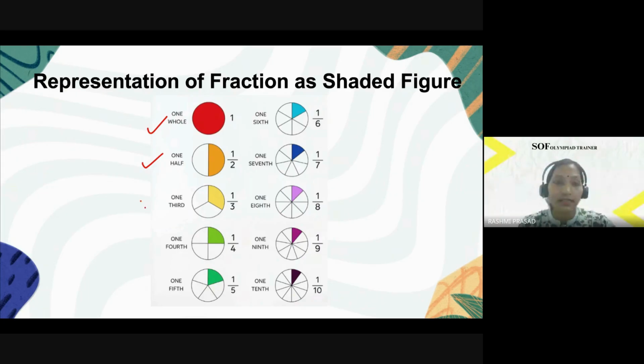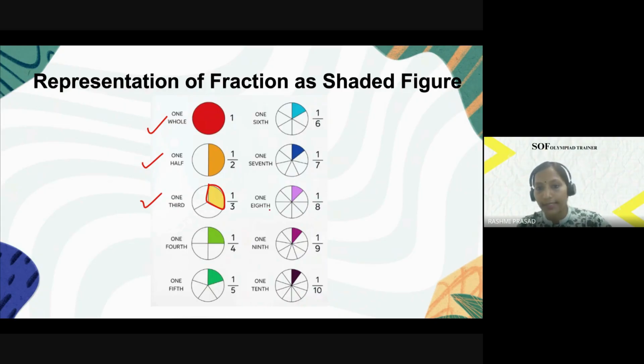Next, in this third one, it's 1/3. The whole shape is divided into 3 equal parts. Remember that it should be divided into equal parts. Out of 3 equal parts, only one part is shaded, so we represent it by the fraction 1 over 3, or 1 by 3.